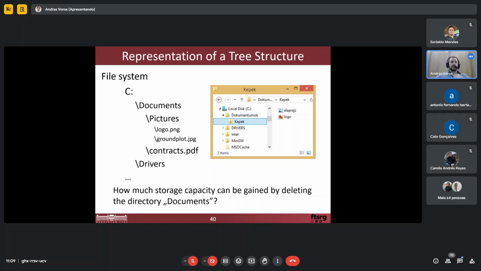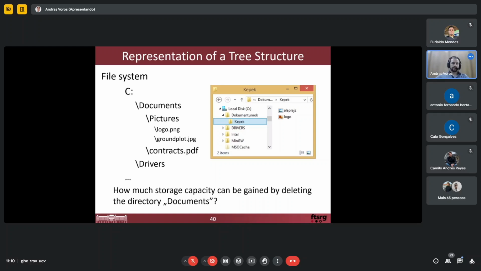Here you can see that I have the root directory, I will have documents, pictures, and I will have files in the pictures directory, and so on. This way you can answer, for example, such questions as how much storage capacity can be gained by deleting the directory documents. I can check it because I can just go there through this tree structure.